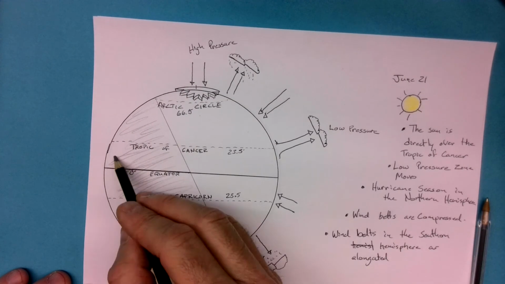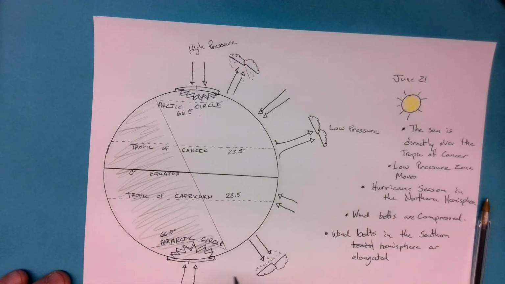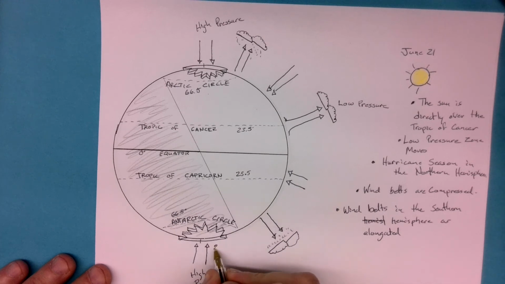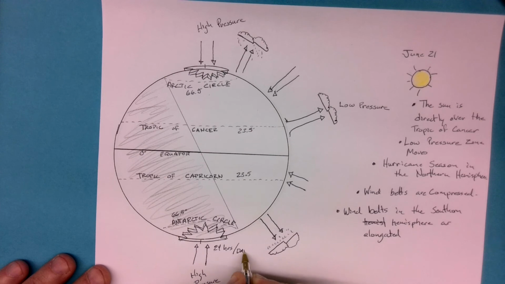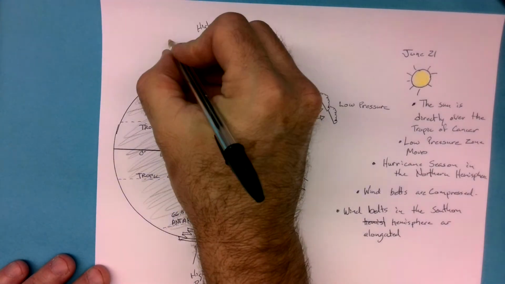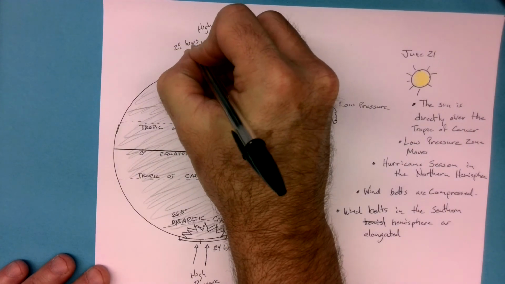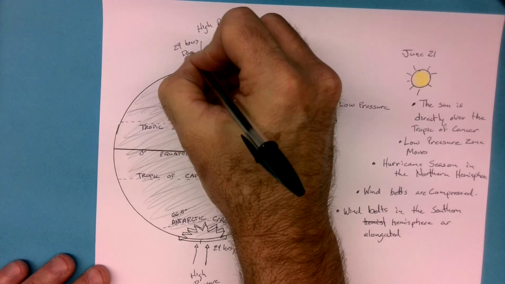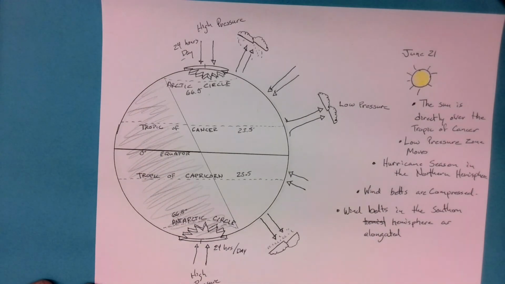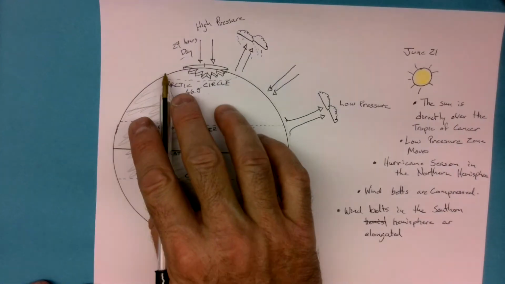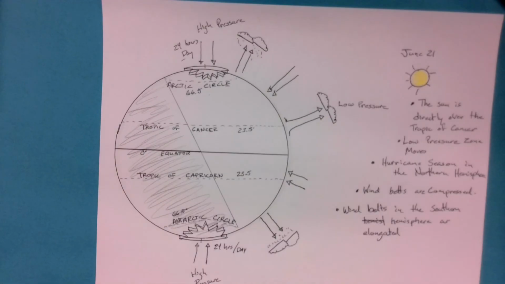Down here in the southern hemisphere, it'll be dark 24 hours a day. In the north, in the Arctic, it's going to be light 24 hours a day. So that's why we have the Arctic and Antarctic Circle, and they are 23.5 degrees off of 90. That's why they're at 66.5.